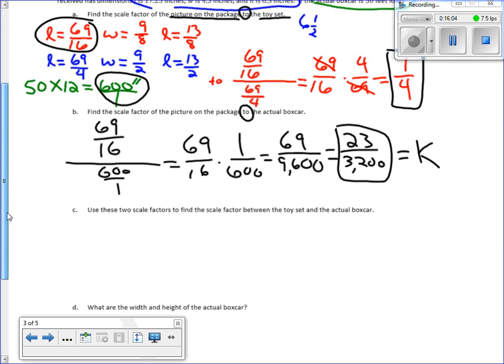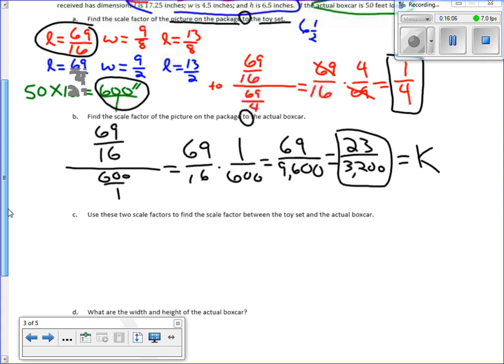I'm going to write this in words to show this to you before I do it with numbers. This said picture on the package to toy set. So this is the picture to the toy. Scale factor between the toy set and the actual boxcar. Now this one here is the package, picture on the package to the boxcar.